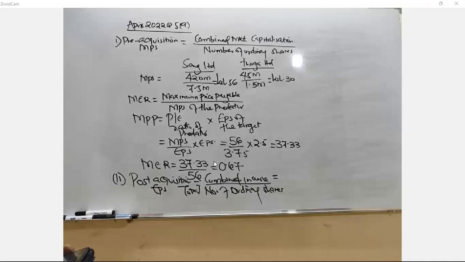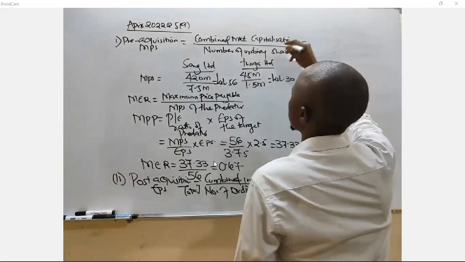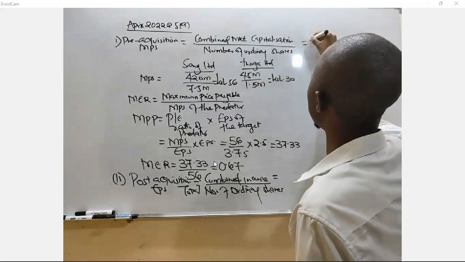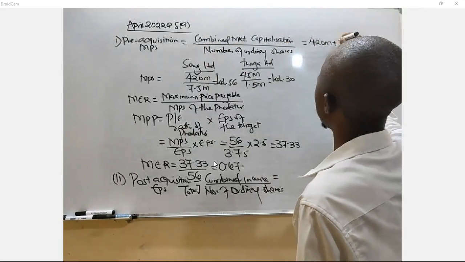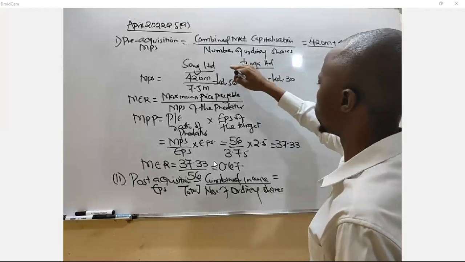No, I'm not yet finished calculating. Sorry for that. We were looking at the pre-acquisition market price per share. If you are doing the pre-acquisition here, we normally take the combined market capitalization, that is 420 million plus 45 million, and divide it by the number of ordinary shares.